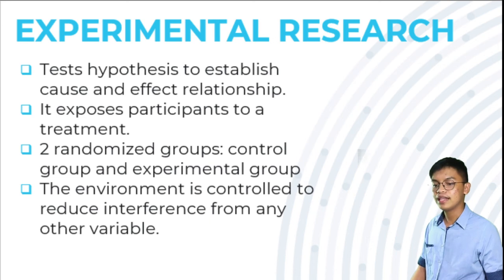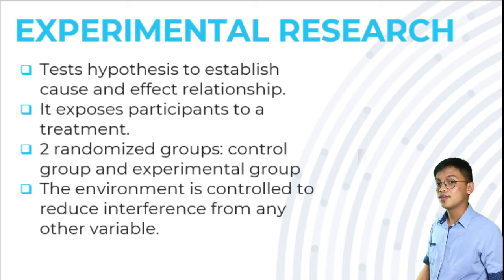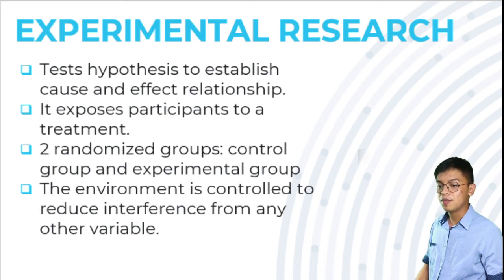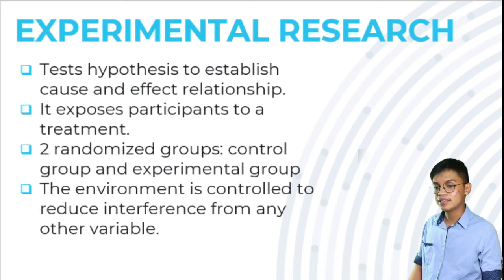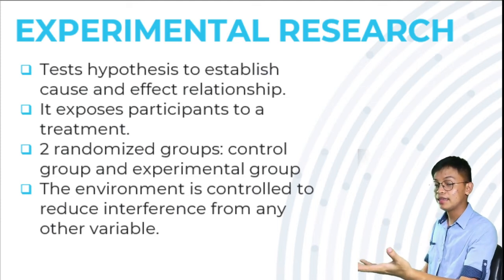Let's now go with the last kind of research, which is the most complicated of all, but it gives you a better result or a more reliable result. This is your experimental research. In experimental research, yes, you perform an experiment. You try to test a hypothesis. You try to give the participants a treatment, a product, a new thing.